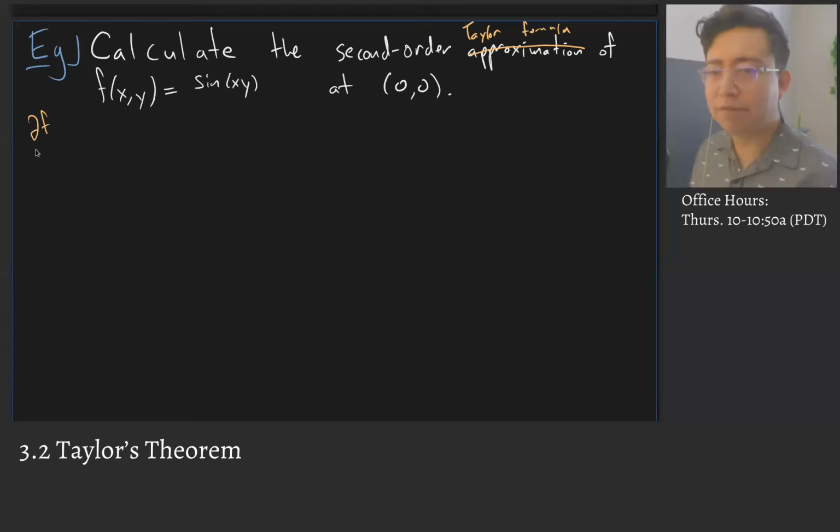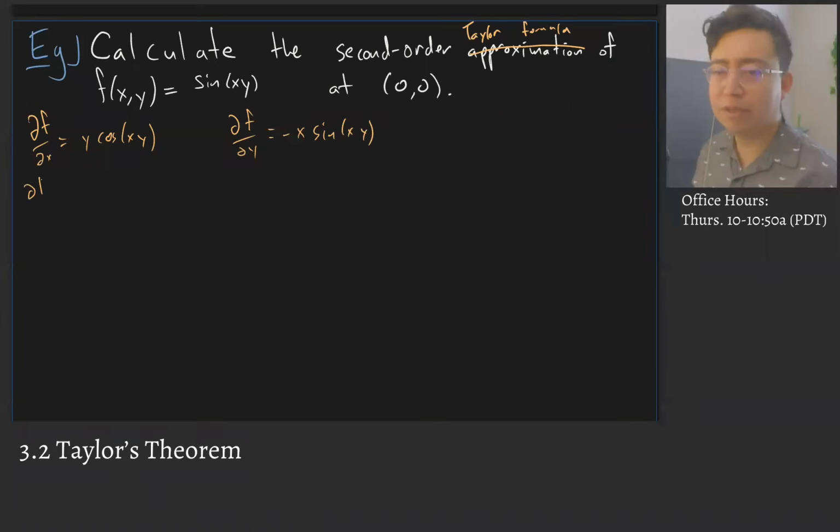So we'll take the partial of f with respect to x, and we get y cosine of xy, the partial of f with respect to y, and we get negative x sine of xy. We have to actually plug in this point.